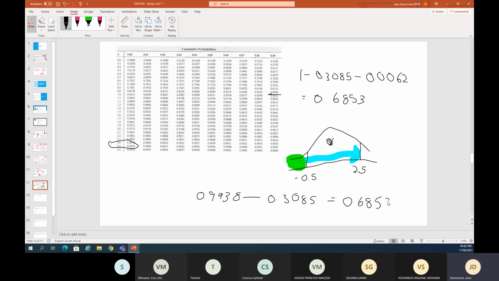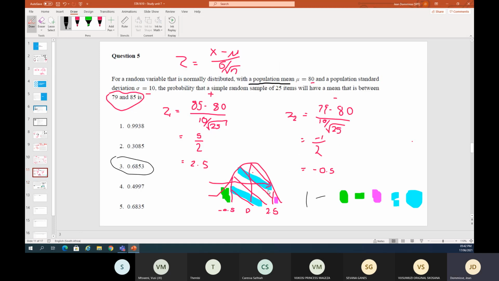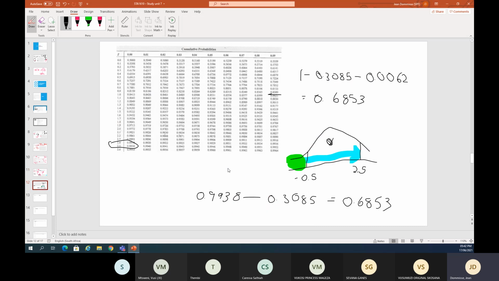So there are a few ways that we can do it: using only the negative table like we would have done here, or using the positive table and the negative table.